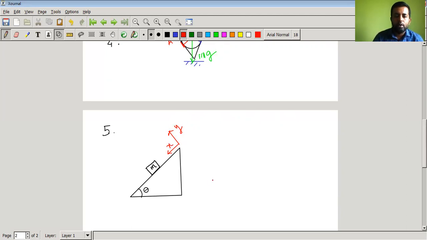Now, we all know that if there is no friction, then the block can't stay there. This block is going to slide down, right, if there is no friction. So friction opposes the relative motion. So it is obvious that friction will be acting in this direction.